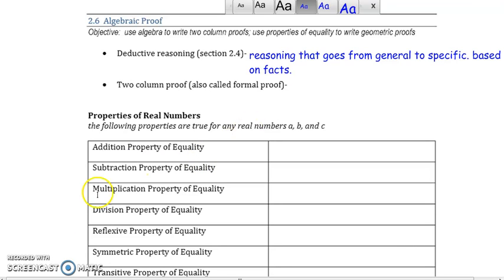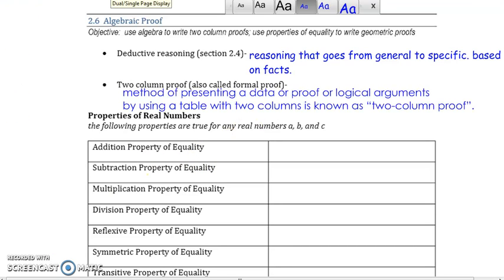It's also called a formal proof. The definition is a method of presenting data or a logical argument using a table of two columns, known as a two-column proof. We've got our statements on the left and our reasons on the right, explaining step by step how we get from one step to the other.